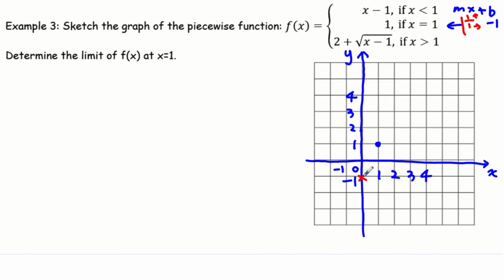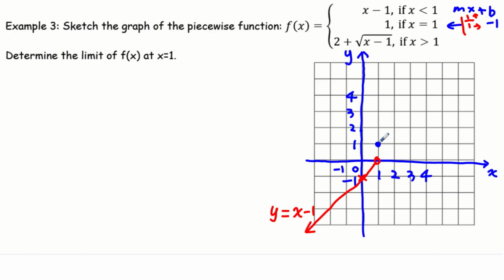From the y-intercept, right 1, up 1, that is another point. And remember that is less than 1, so it should be an open dot, it doesn't include that point. Then we have 2 points, we can graph the straight line. So this is y equals x minus 1. This is for when x is less than 1.